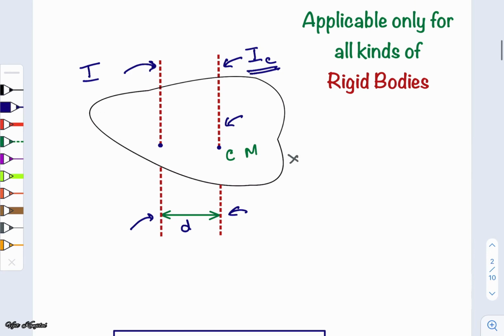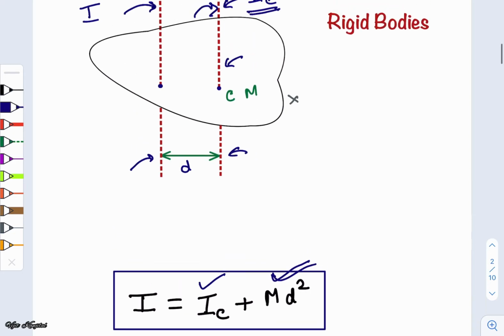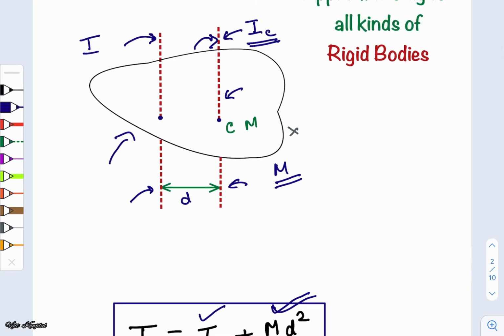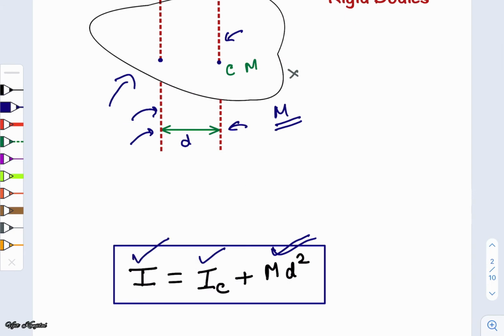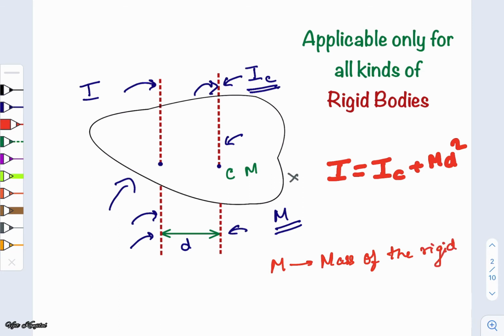If we know the moment of inertia with respect to this axis, that is IC, and we simply add a term md squared, where m is the mass of the rigid body, we obtain the moment of inertia with respect to this axis, given as I. So what is the parallel axis theorem? I and IC are related as I equals IC plus md squared, where m is the mass of the rigid body.